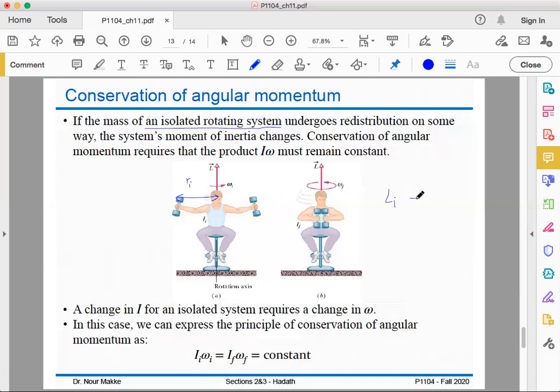When we say L_i equals L_f, the angular momentum in the initial state equals the angular momentum in the final state. Since the angular momentum is defined as I times omega, we can substitute: I_i omega_i equals I_f omega_f. So if I in the initial state is different than I in the final state, then the omega initial will be different than omega final. Okay? This is what we mean by the conservation law.